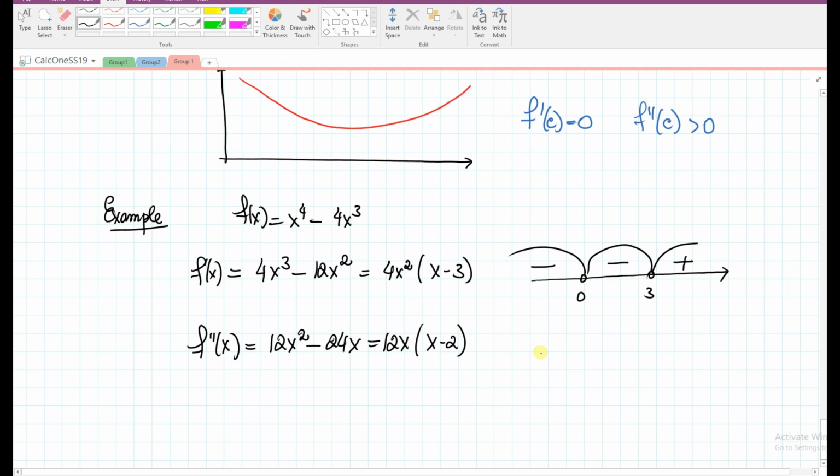So I've got 0 and 2. For all the points more than 2, this is concave up. For all the points between 0 and 2, this is concave down. And for all the points between minus infinity and 0, this is concave up again.